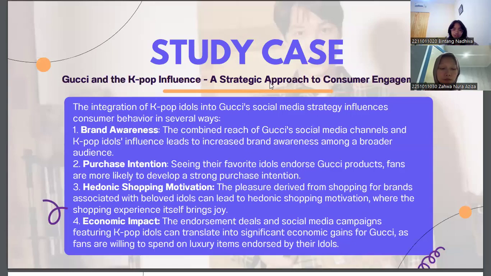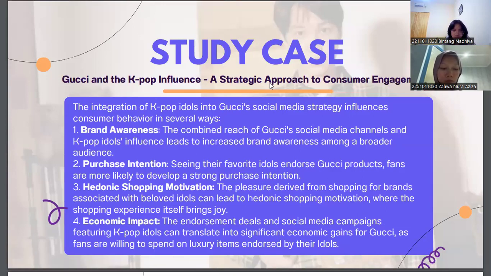The integration of K-pop idols into Gucci's social media strategy influenced consumer behavior in several ways. The first one is brand awareness. The combined reach of Gucci's social media channels and K-pop idol influence led to increased brand awareness among a broader audience. The second one is purchase intention. Seeing their favorite idol endorse Gucci products, fans are more likely to develop a strong purchase intention.